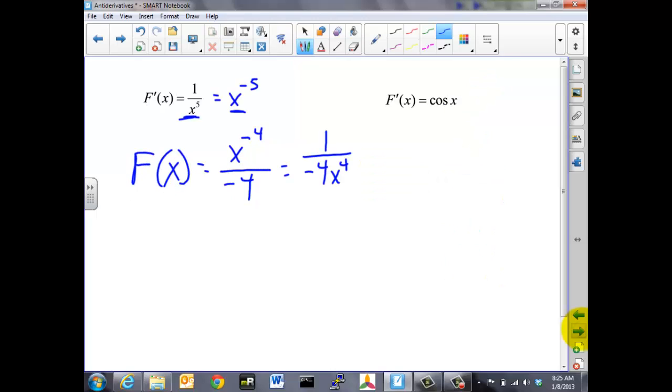Remember here, I could write the negative sign where it's at, or I could put it out in front, or I could put it up here. What you did, Sam, is you took this and moved it to the top and changed the sign of it, right? Yeah, can't do that. Remember, if we move something from denominator to numerator, it changes the sign of the exponent, not of the argument of the exponent. So it'd be 1 over negative 4x to the fourth.